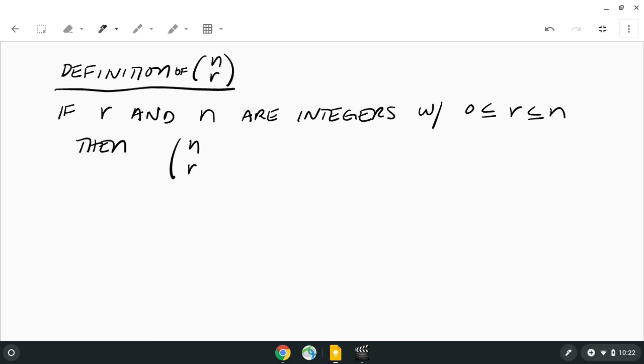This is the r. Okay. So this notation here is defined to be n factorial over r factorial, so careful, make sure that looks like an r, not an n, times n minus r factorial.